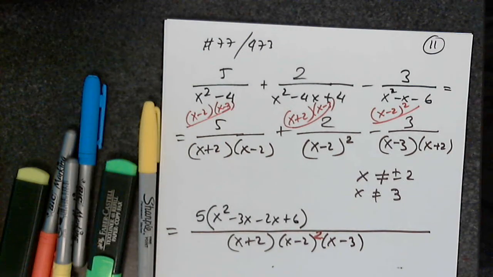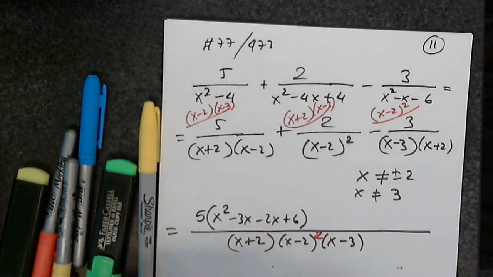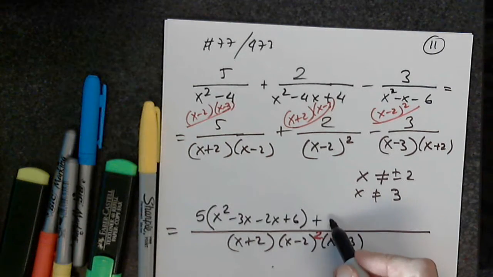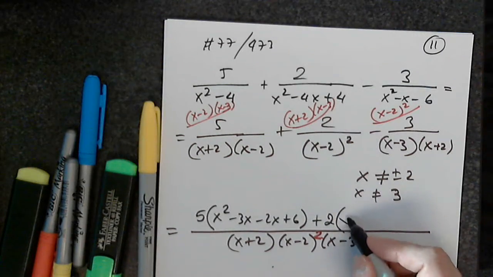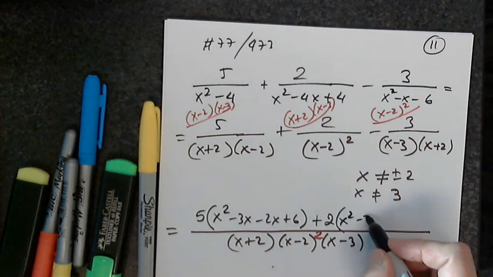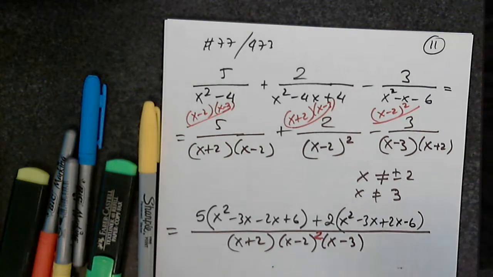Do we agree with the first numerator? 5 stays outside, and I FOIL the two binomials. X times negative 3, negative 2 times x, and negative 2 times negative 3. Plus 2, and in parentheses, x times x squared, minus 3x, plus 2x, and minus 6. Do you all agree with that?